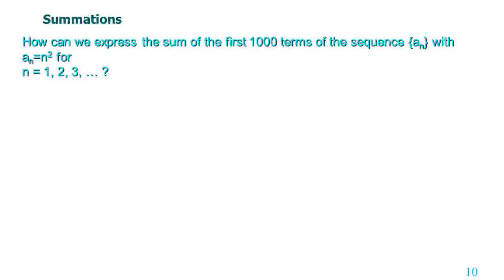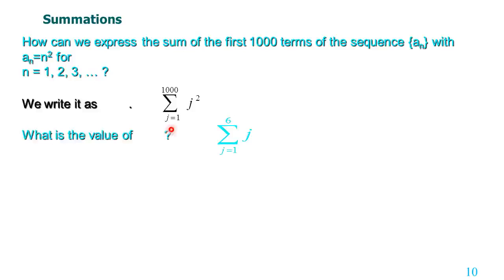How can we express the sum of the first 1000 terms of the sequence a_n with a_n equal to n squared? We write it as the sum of j squared from j equals 1 to j equals 1000.